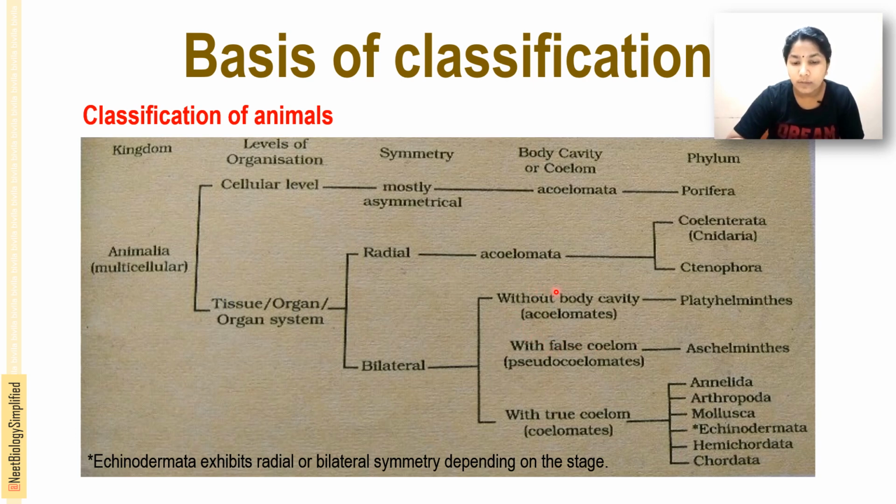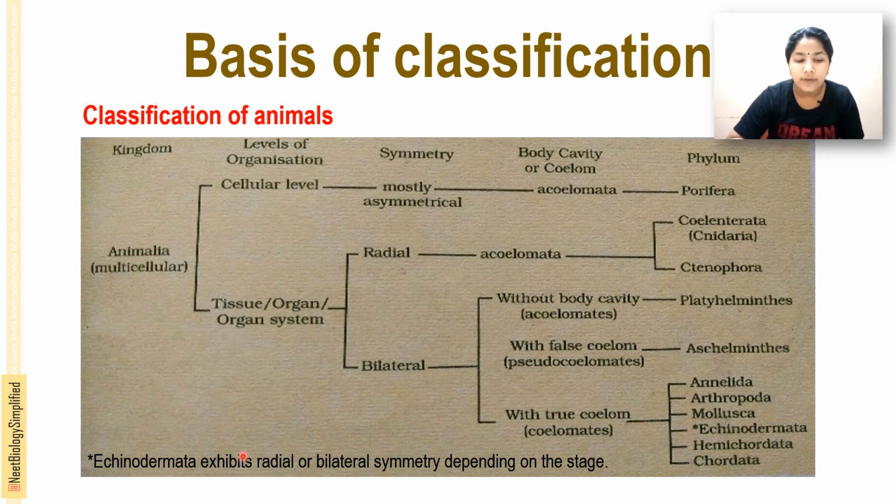Those with the body cavity are called coelomates, those without a body cavity are called acoelomates, and those with a false coelom or not a true coelom are called pseudocoelomates. The acoelomates are the Platyhelminthes, the pseudocoelomates are the Aschelminthes, and the coelomates are Annelida, Arthropoda, Mollusca, Echinodermata, Hemichordata and Chordata.